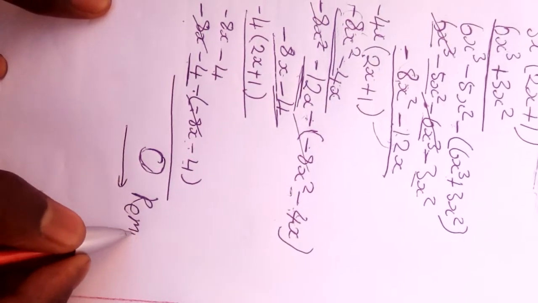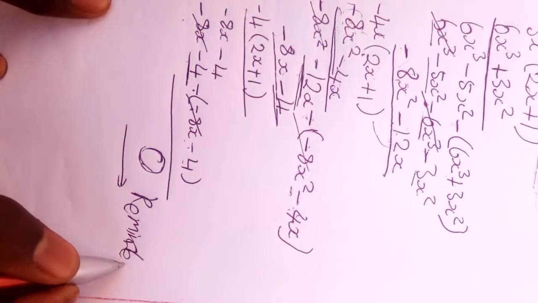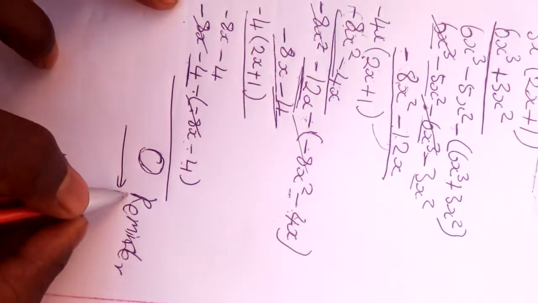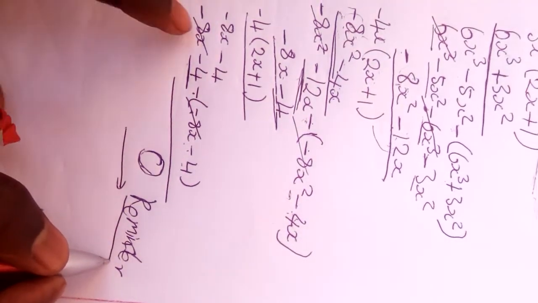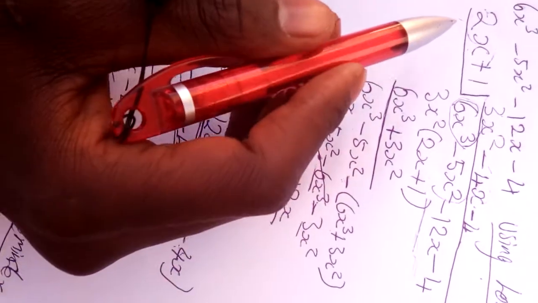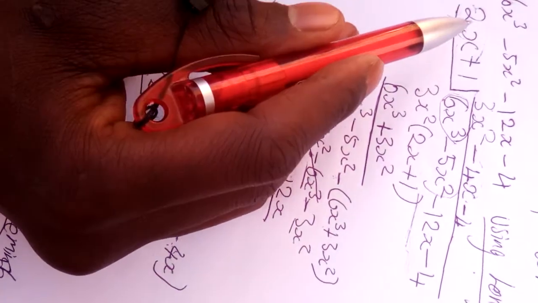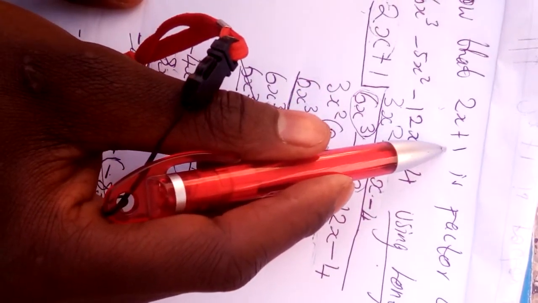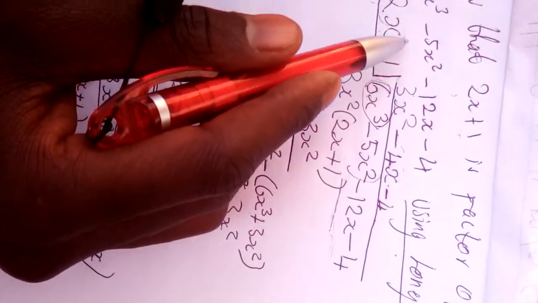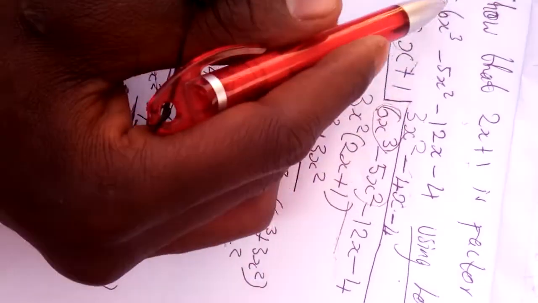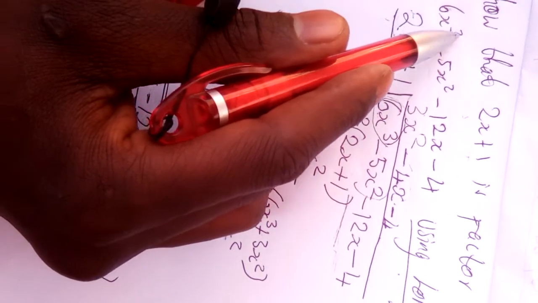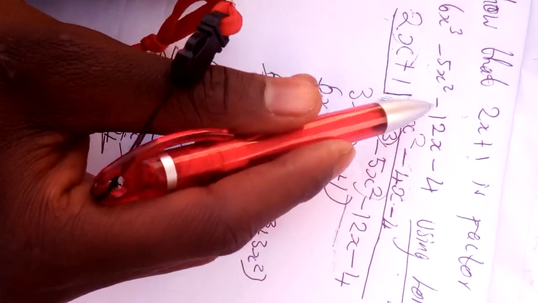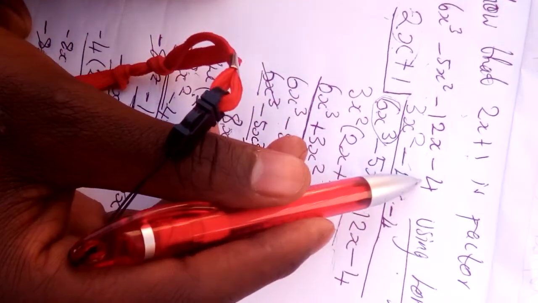This makes us sure that 2x plus 1 is indeed a factor of 6x cubed minus 5x squared minus 12x minus 4.